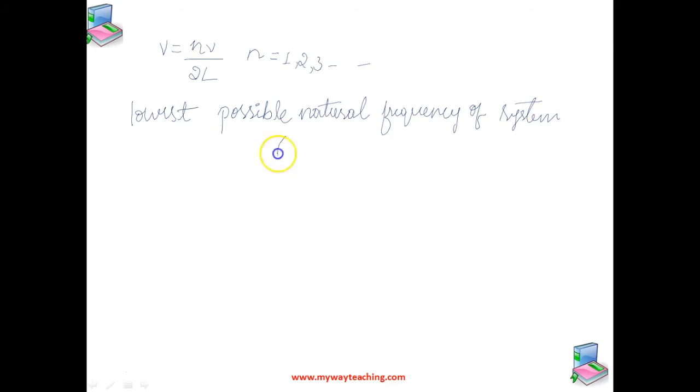For this stretched string fixed at either end, it is given by v by 2L, corresponding to n is equal to 1, isn't it?